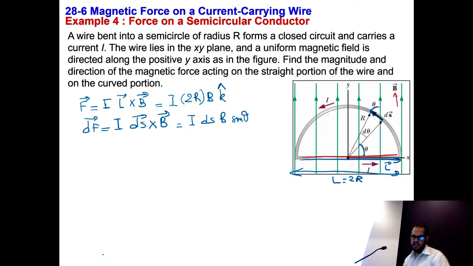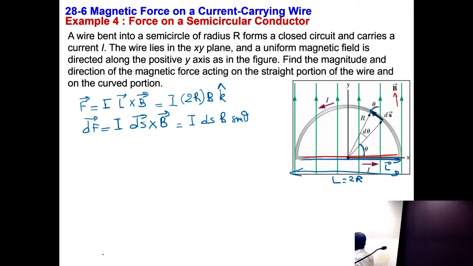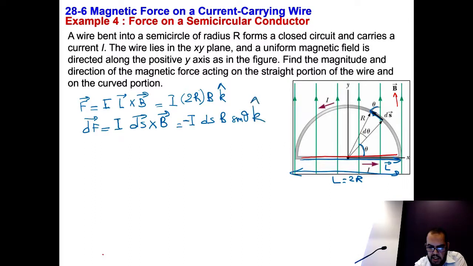And what direction is it? If you bring the ds vector to the B vector, you will find your thumb is pointing into the page. So it's in the minus k direction. So I can write minus k. What is ds? ds is the element of arc length here.